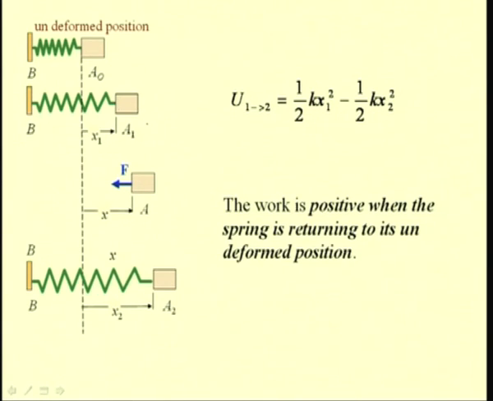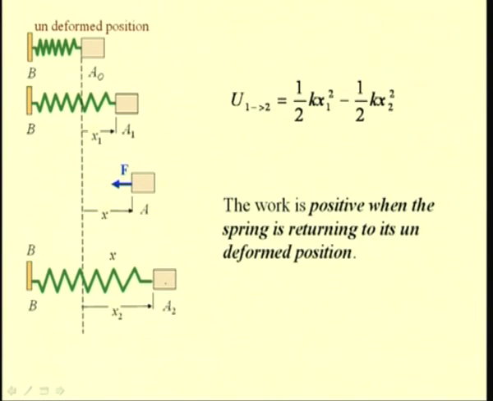But when we move from position A1 to A2, an external force equal and opposite to the force exerted by the spring has to be applied in order to do the work. So, when the body is moved from position 1 to 2, an external force equal and opposite to the spring force does the work, and so this work is a negative work.